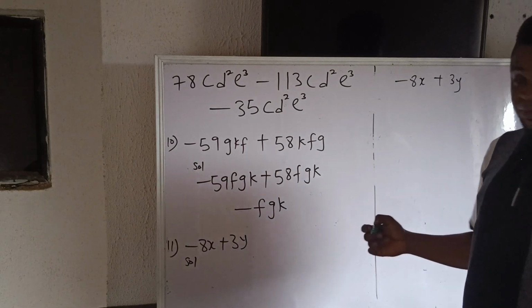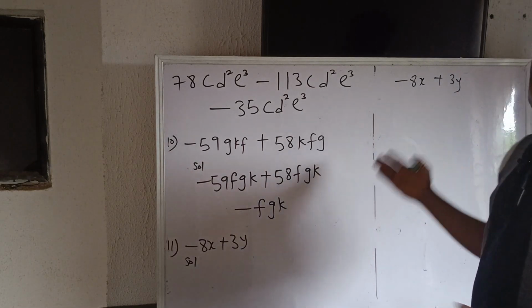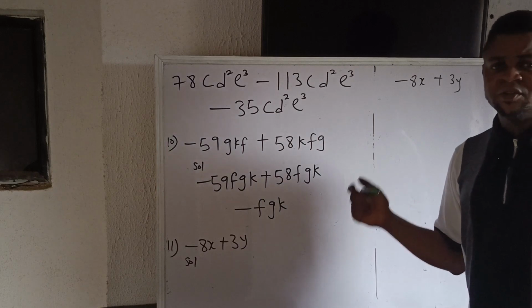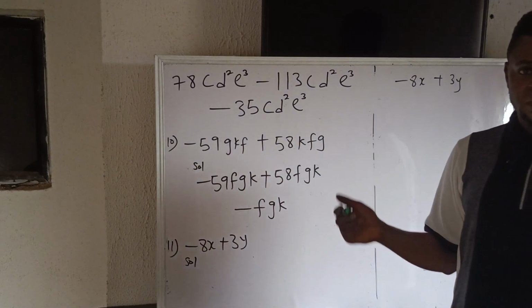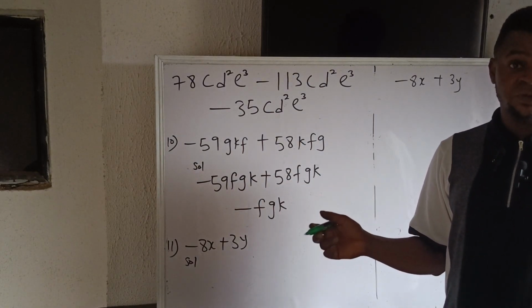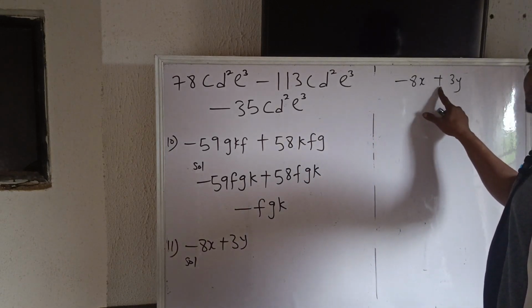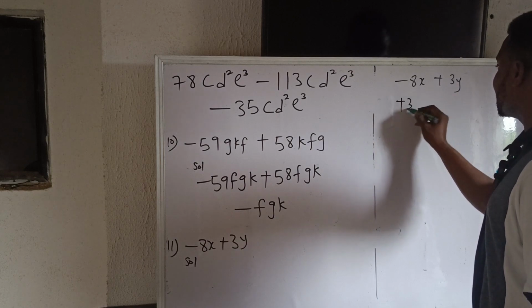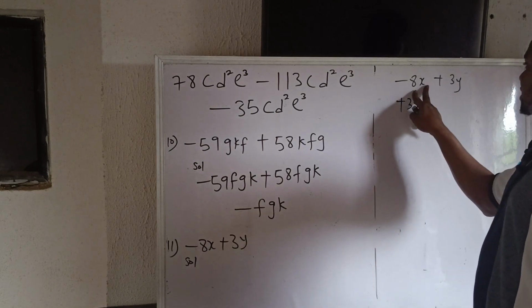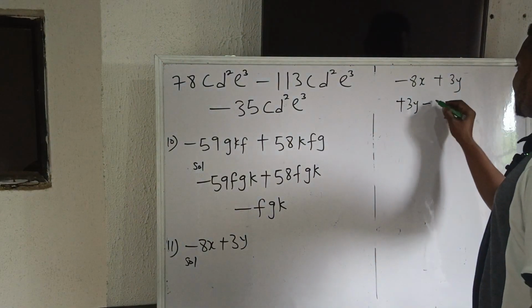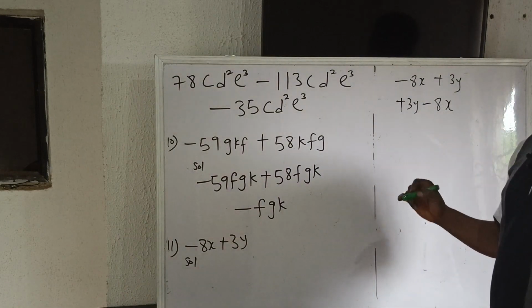For most times in some books, you might see that they will not just write it as minus 8x, because most times in algebraic expressions, we do not always go for the one having the minus to come first. So they'll just rearrange. Don't forget, the sign for 8x is minus, sign for 3y is plus. So I'll now bring in the one that has plus first, and the 8x with the minus second. Can you see that now?